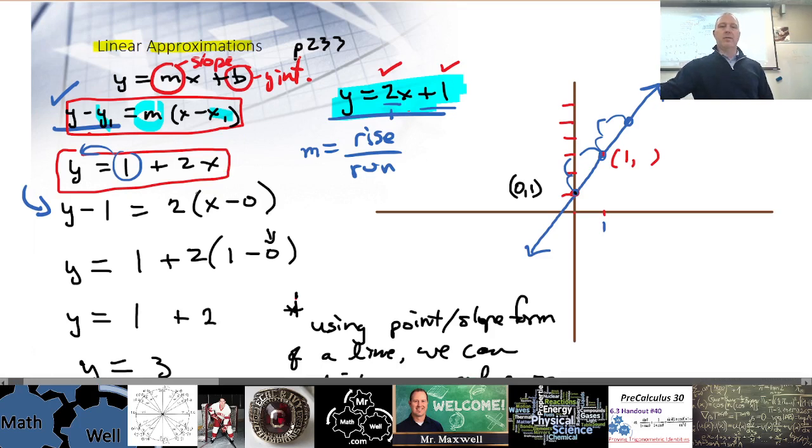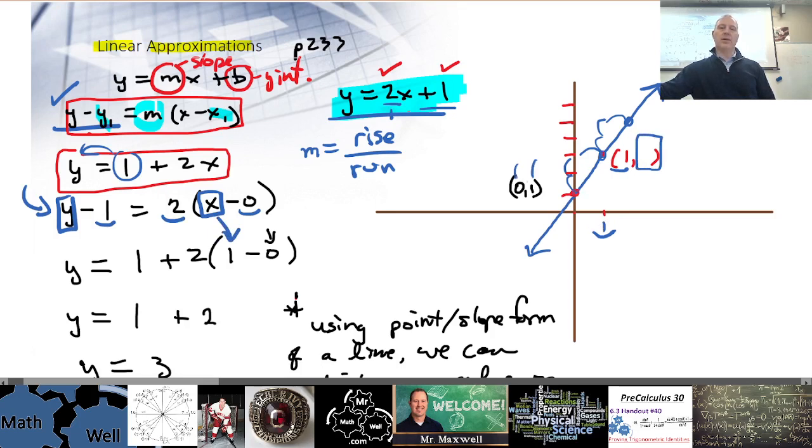I have an x and a y in this equation. And I have the slope, and I have a point that's on the line here, right? (0, 1). And so if I take any x value of another point, I can put that x value right here. So let's say I want to find out what the y value is on the line for another x value.